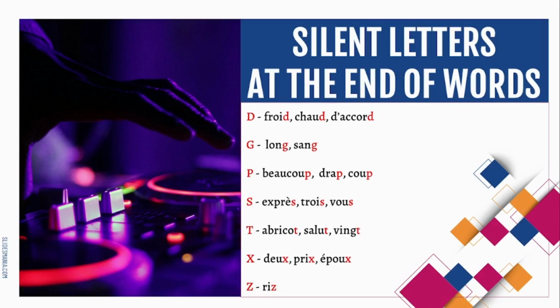So from here, we've got silent letters at the end of words. One of the silent letters at the end of words is D, the letter D. Here we have froid as an example.